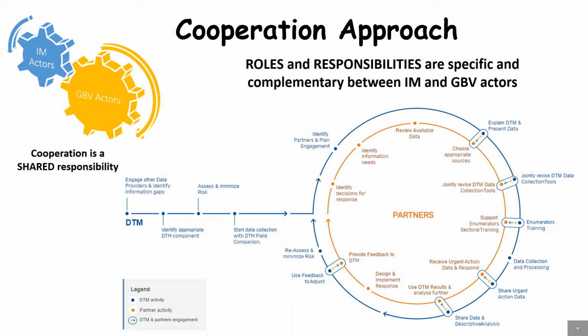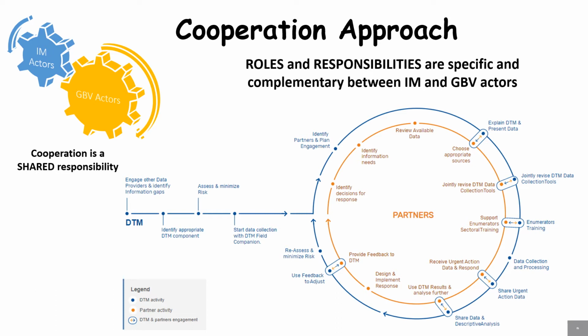The first principle of this approach is that cooperation is a shared responsibility that starts from the planning phase. There are clear roles and responsibilities at each step of the process. Some responsibilities can be defined at global level as common across responses, or you can find them in the Grand Bargain outcomes and in the DTM and Partners Cooperation Guide on the DTM and Partners Toolkit.